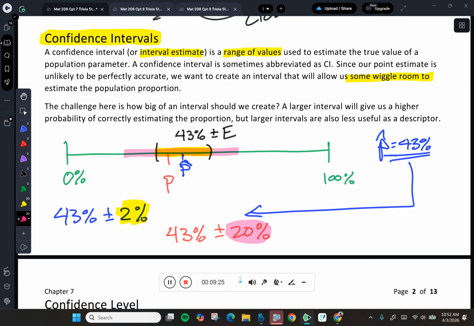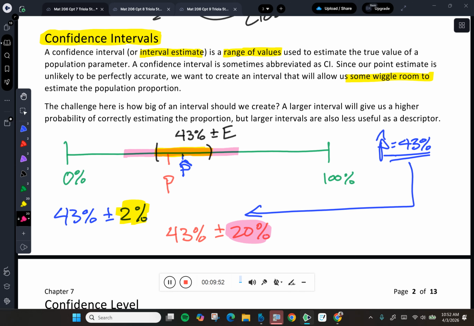Like if you came to me and said, how am I doing in class? And I said, I think your grade is about a 70% plus or minus 3%. Well, that's a pretty good estimate, but it's also a small interval, and because it's a small interval, I might have a chance of being wrong. But if I said your grade's 70% plus or minus 50%, I've got a really good chance of being right, but I've given you useless information.